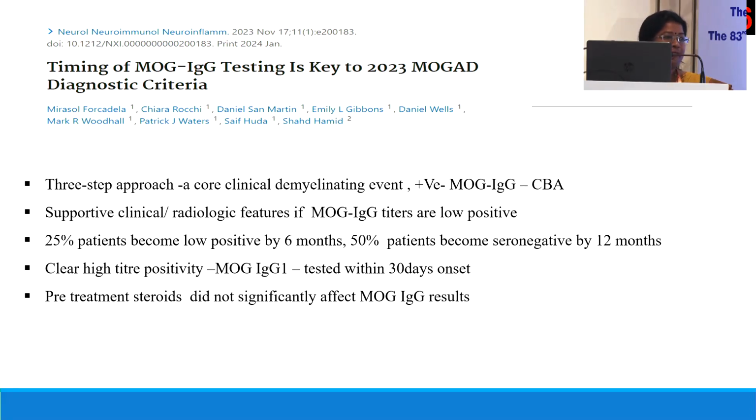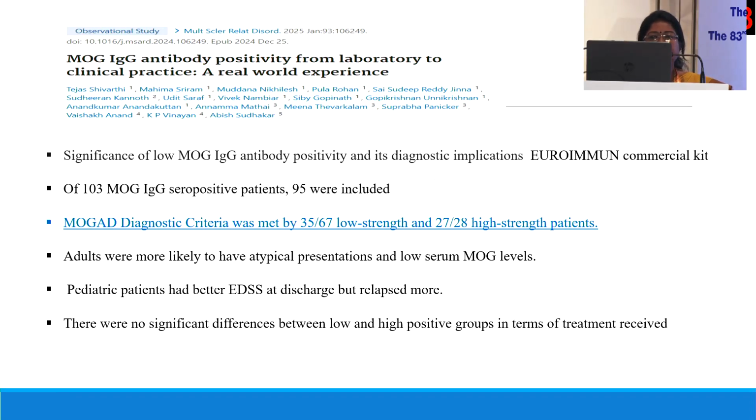And pre-treatment steroids, this study showed, did not significantly affect the MOG results. And this particular study has shown the conversion from laboratory to the real-world experience of the IgG positivity of MOGAD. They said that the low MOG positivity definitely has some diagnostic implications. This study involved the cell-based fixed assay, the Euroimmun kit.